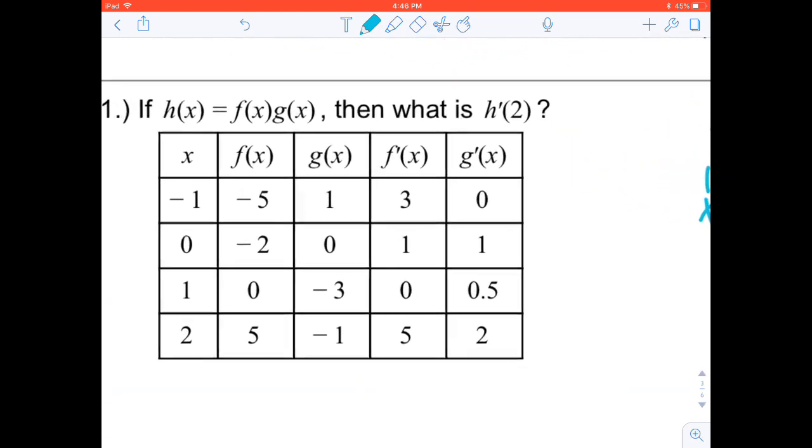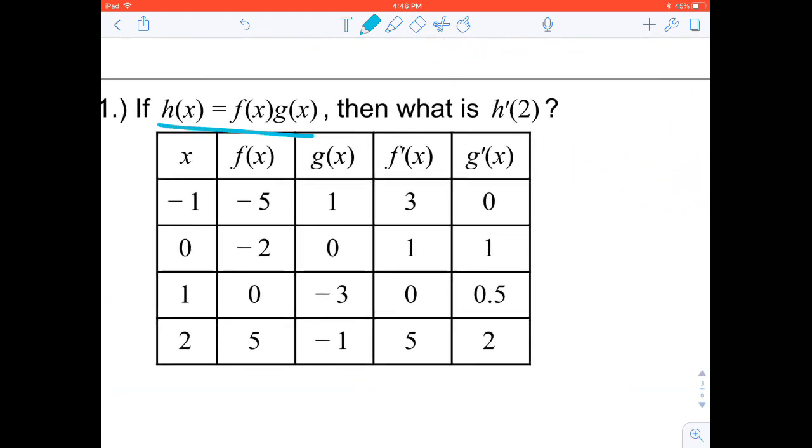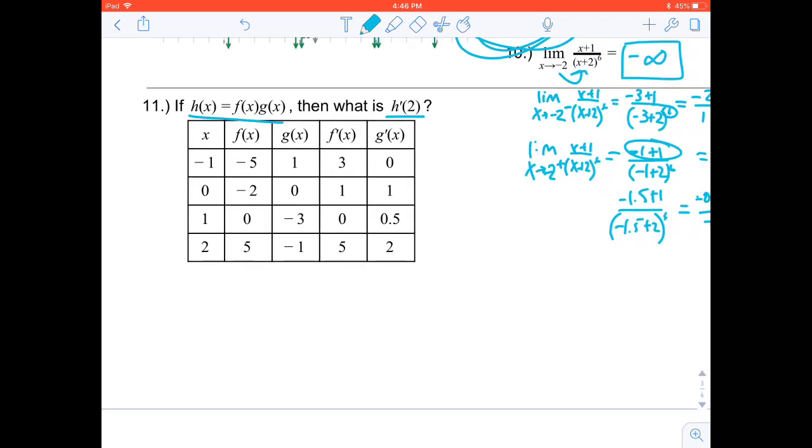So this is naming the function. Our function is h of x equal to f of x times g of x, and we want to find h prime of 2. So what we need to do is take the derivative of this, and the derivative of two functions that are being multiplied means we're going to use the product rule.